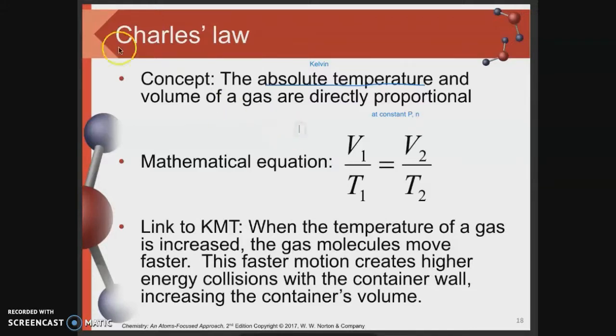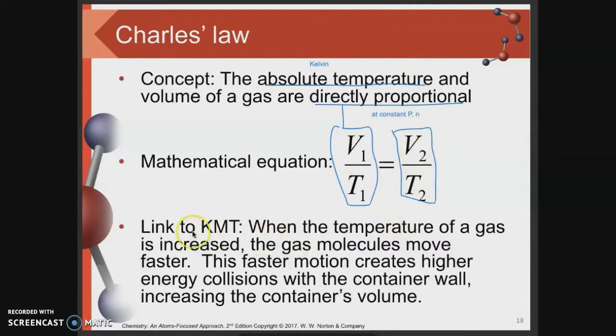So another thing to look at here, we see that we have a direct proportionality. Direct proportionalities lead to division ratios of variables instead of products of variables. So my volume divided by my temperature at one set of conditions is equal to my volume divided by my temperature at a second set of conditions.